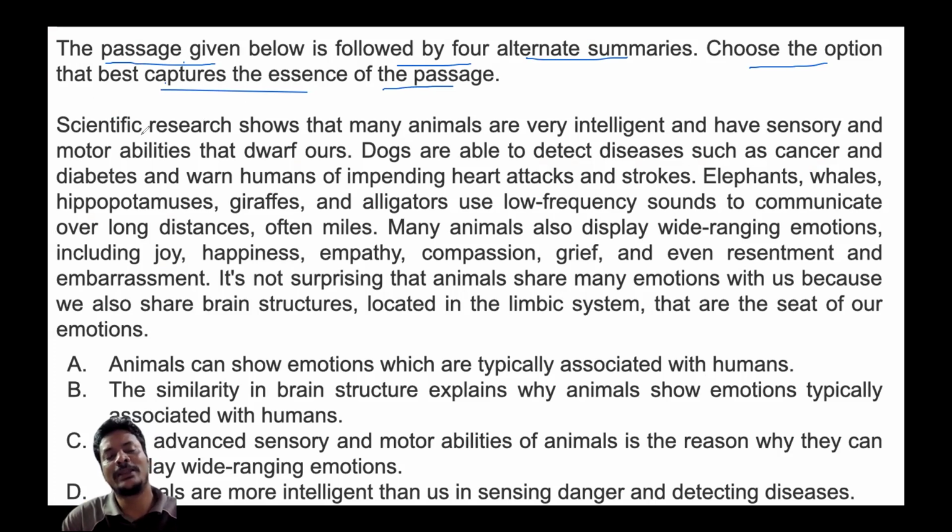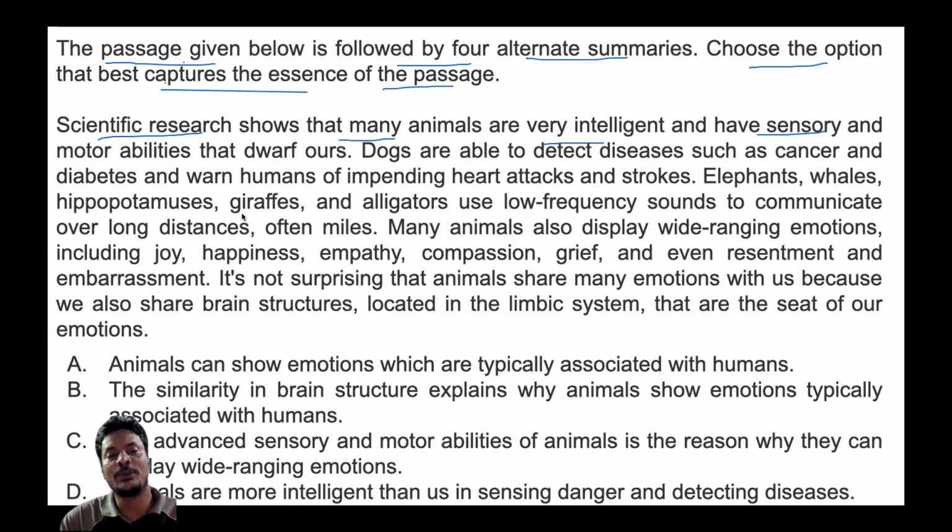Now, look at the passage. Scientific research shows that many animals are very intelligent and have sensory and motor abilities that dwarf ours. Dogs are able to detect diseases such as cancer and diabetes and warn humans of impending heart attacks and strokes.